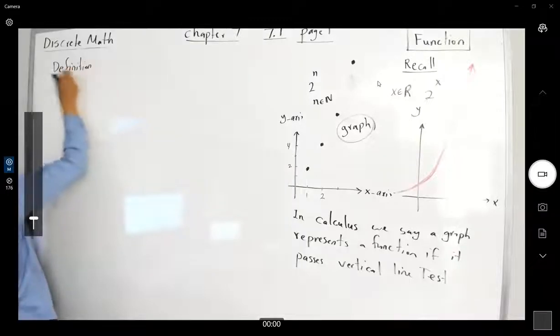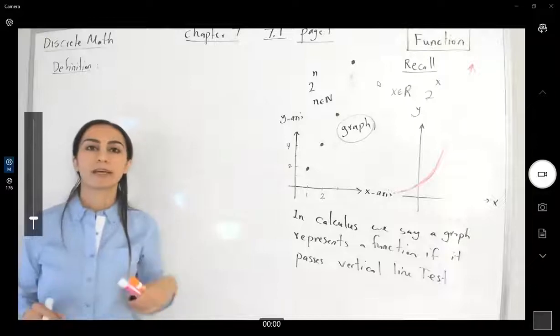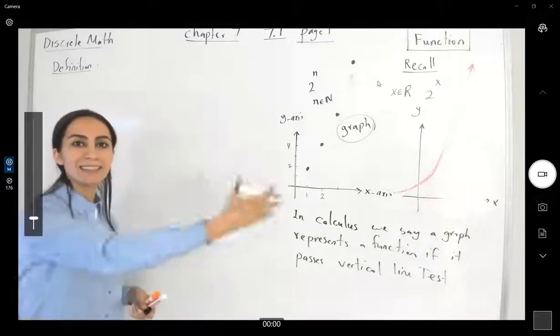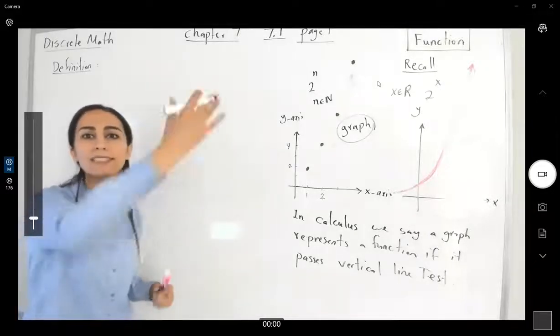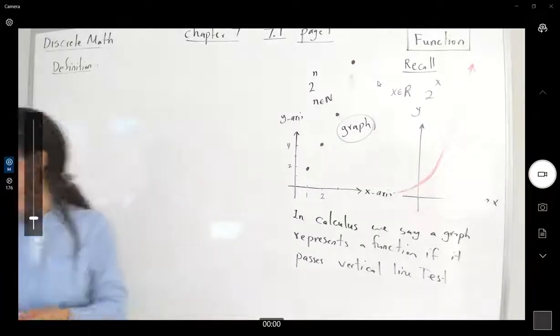When we are talking about functions in discrete math, we need to specify the domain and the set of possible outputs, the codomain.